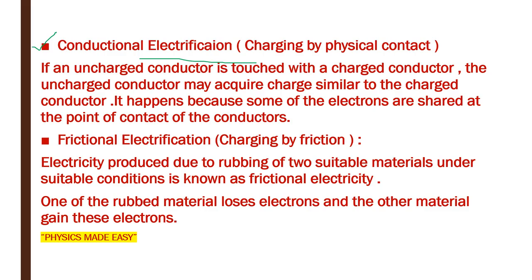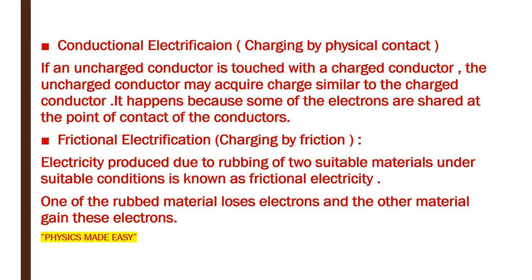So if an uncharged conductor is touched with a charged conductor, the uncharged conductor may acquire charge similar to the charged conductor, which means that the disc and the leaf of the electroscope will also acquire negative charge. It happens because some of the electrons are shared at the point of contact of the conductors.